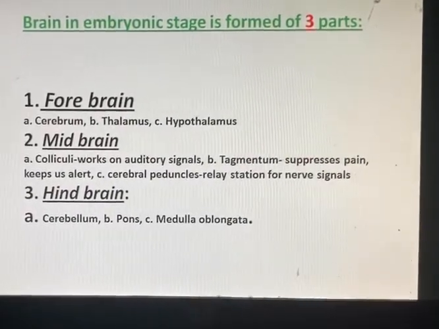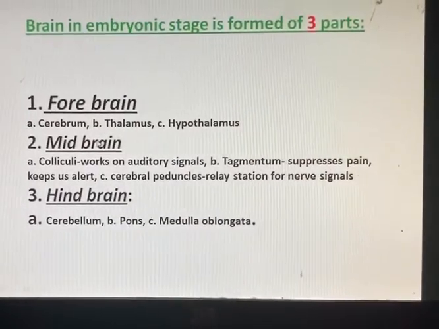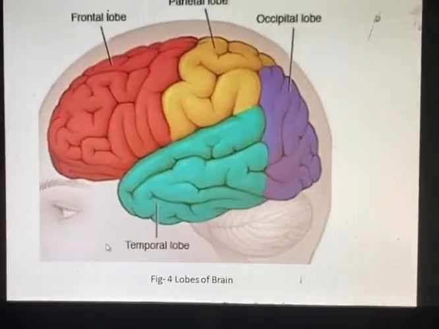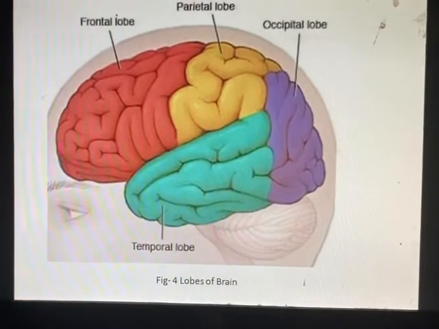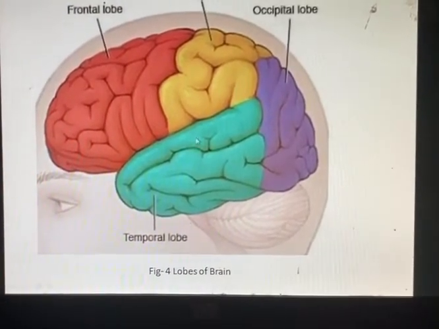We know during embryonic stages, brain is formed of three parts: forebrain, midbrain, and hindbrain. Let's focus on different lobes. You see, there are total 6 lobes in the brain found in different locations.